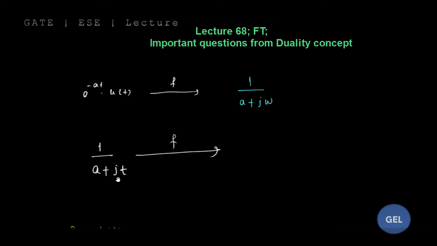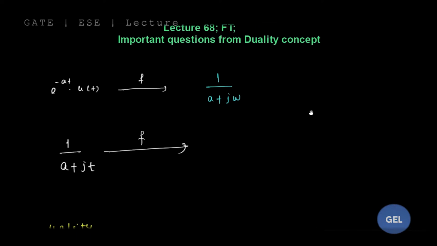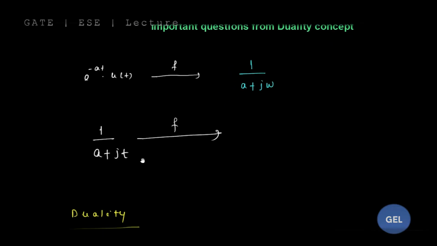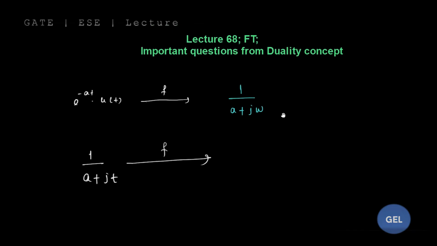Sir, it gets confusing, because if I solve it the standard way, integral of e to the power minus j omega t dt from minus infinity to infinity, it becomes very difficult. So to answer this kind of question, we developed the duality concept. We need to understand this concept first, and then we can find the answer to this question.